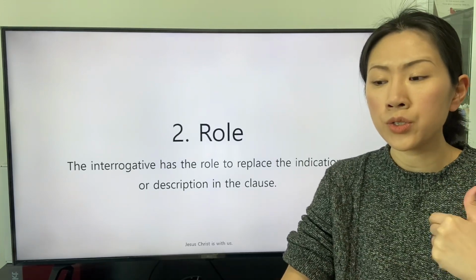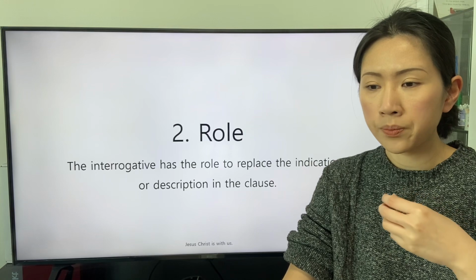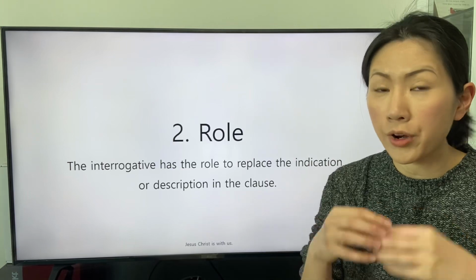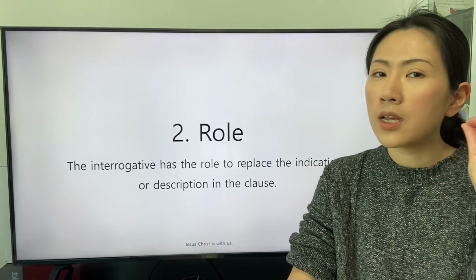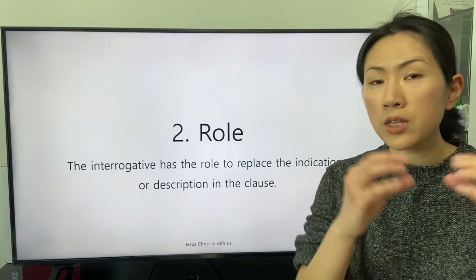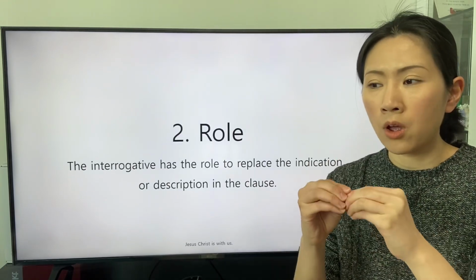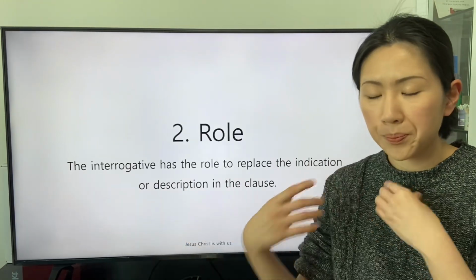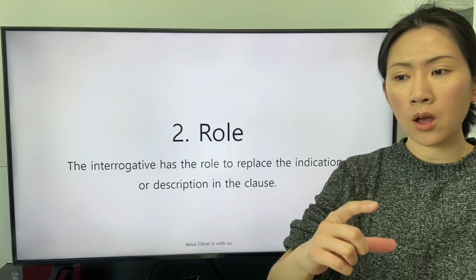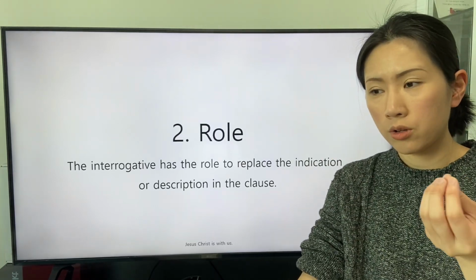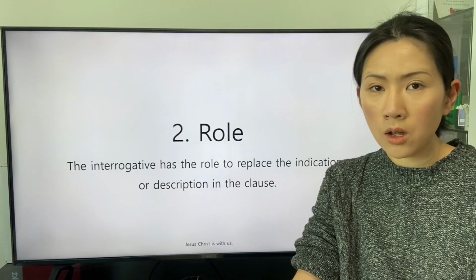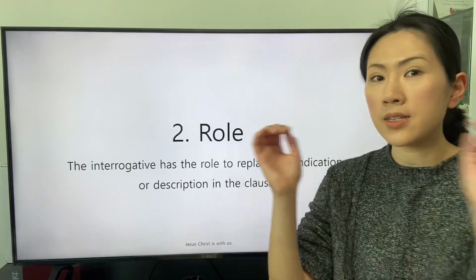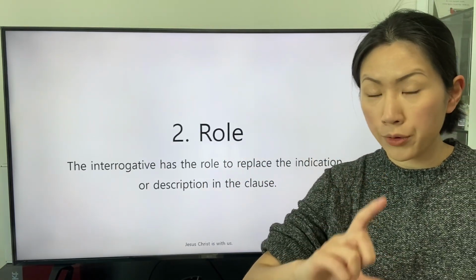The speaker who tries to figure out the context about the object of the curiosity applies the interrogative. The interrogative is accorded with the trait of the object of the speaker's curiosity. If the object of the curiosity is an indication, then the interrogative pronoun replaces the object of the curiosity.